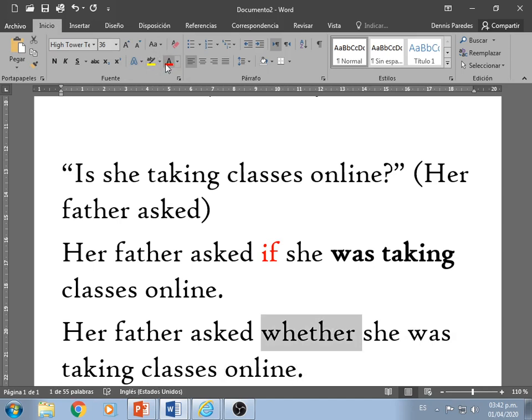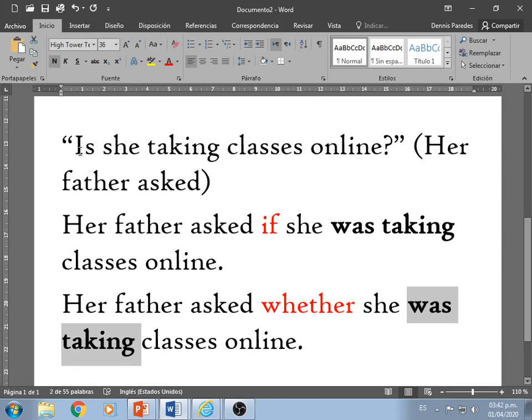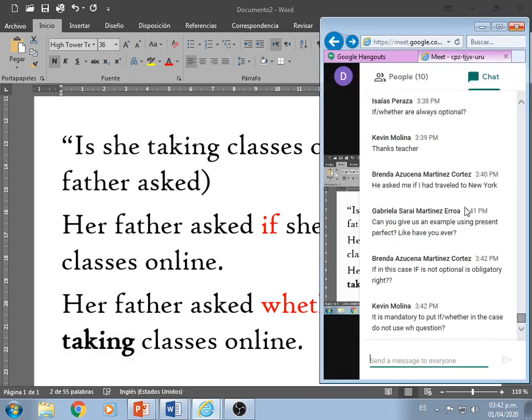Okay, again we're going to say whether, and then she was taking, the same structure. Because the sentence is in the present continuous form, we have to change this into the past continuous form. Now, am I clear with this?